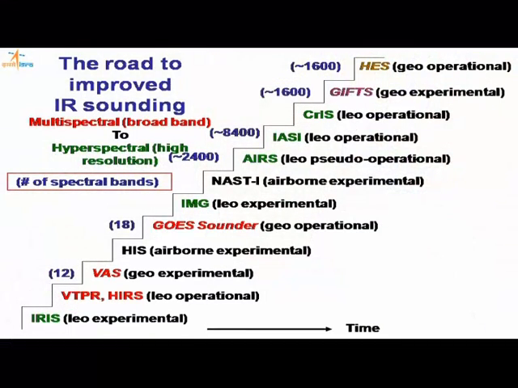And this is a roadmap of IR sounding, how IR sounding has developed from multispectral, that is a few channels on board the GOES satellite or NOAA TIROS satellite. There were only about 12 channels, to the GOES satellite in geostationary orbit having 18 channels, and then the AIRS, Atmospheric Infrared Sounder, which is on board the Aqua satellite.